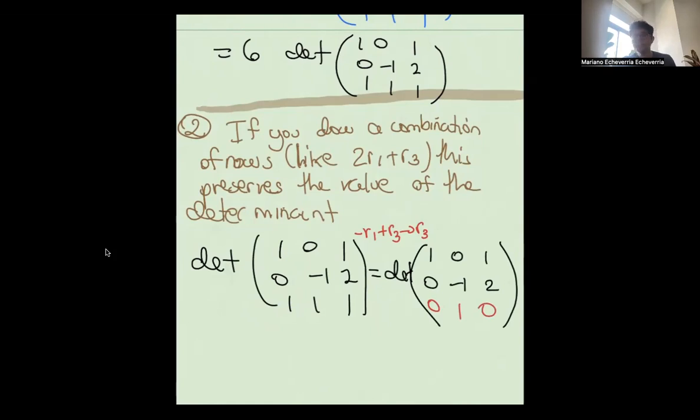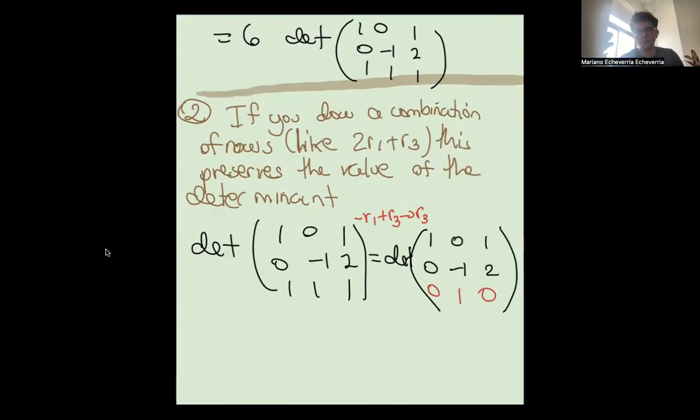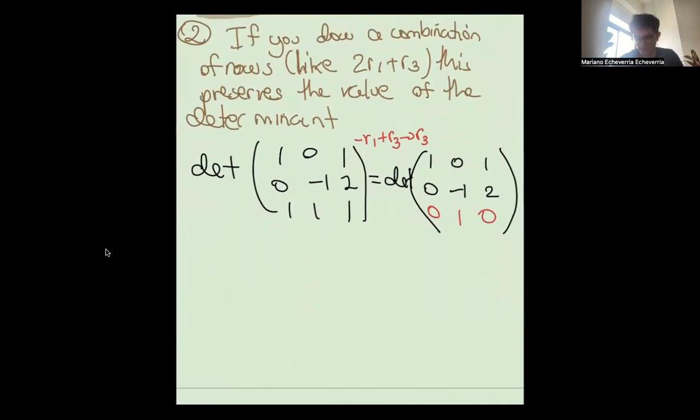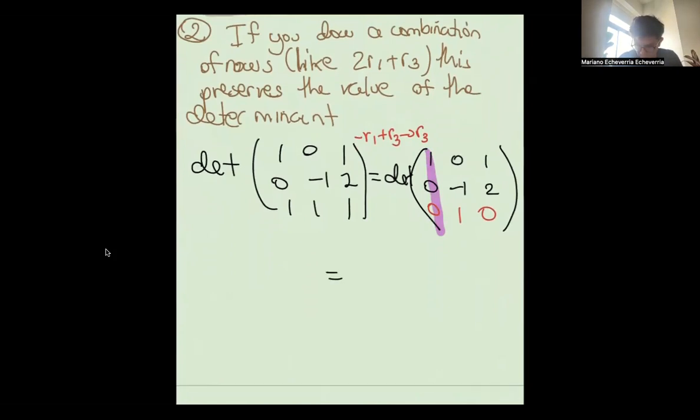Once you get to something like this, you shouldn't even think anymore about what to do. You should just compute the determinant, because now, for example, you can expand along the first column. If you do this along column 1, there are so many zeros that you just get 1 times the determinant of minus 1, 2, 1, 0.